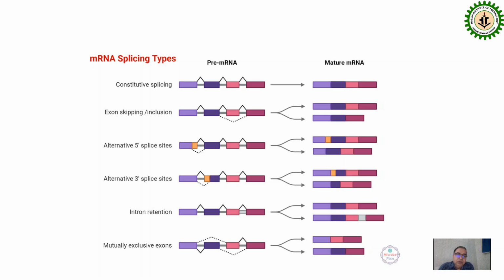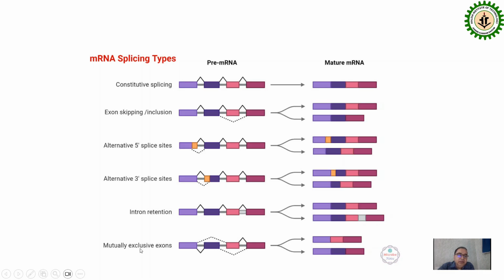But sometimes some introns are not removed and are retained. So it results in a situation where some introns remain. Here you can see there are 3 introns, and in this figure the third intron is retained, shown in gray. So this is the result.